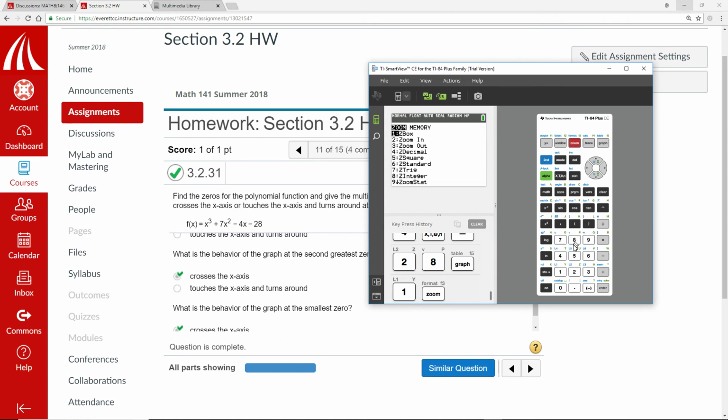I'd do zoom square maybe. My calculator just... All right, they're talking about stat plot, something about stat plot. So I guess I gotta turn off my stat plot. Maybe that's what they want. And then, okay, I can't even see it. So I could do zoom fit. Zoom fit will get it on there. Where's zoom fit at? 0.